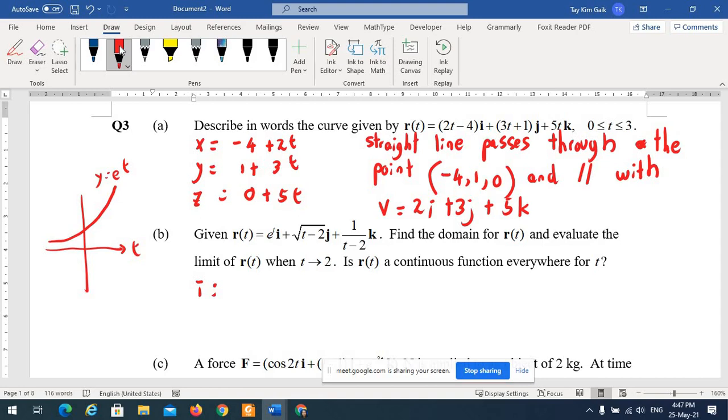To understand domain, make sure you understand the basic graphs. From the graph, t can take values from negative infinity up to positive infinity. That's why the domain for component i is that t is a member of the real numbers, no restriction at all. You can take all the real numbers.